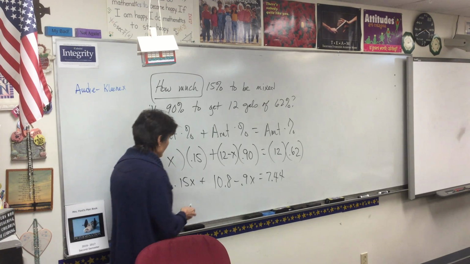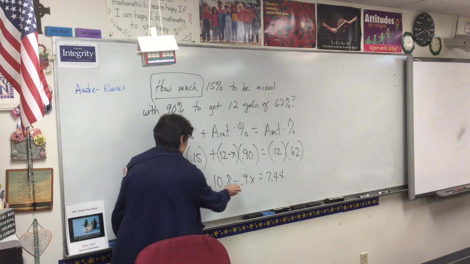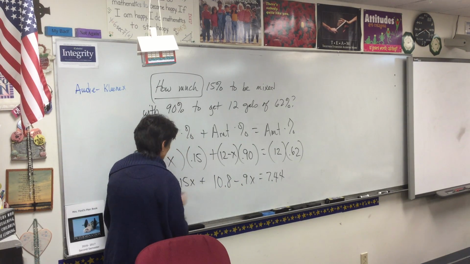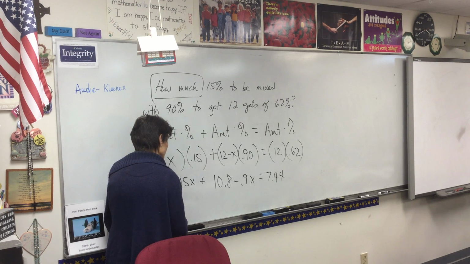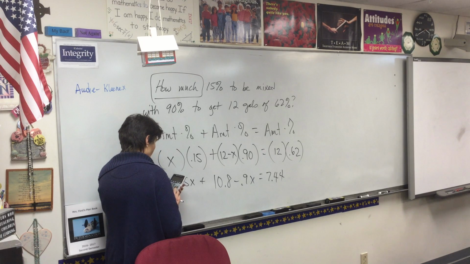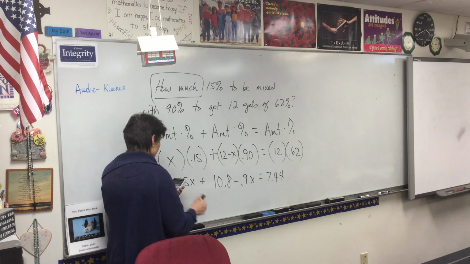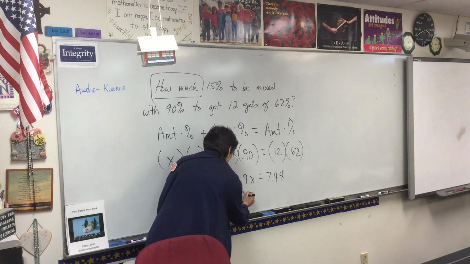Now these two get added together, or subtracted, since they're on the same side of the equation. So that's going to be, watch it, 0.15 minus 0.9 is negative 0.75.